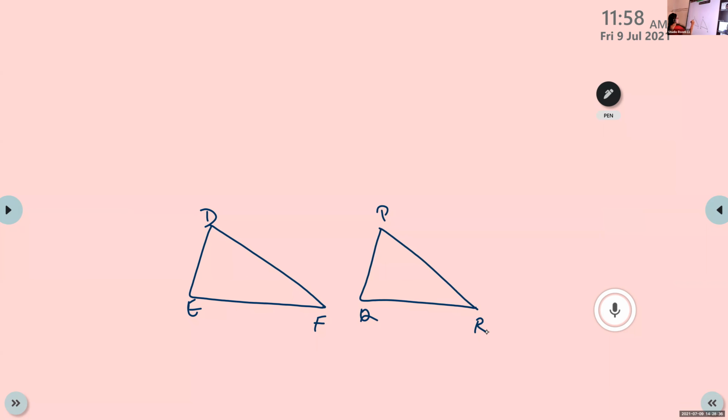Given D is 70, E is 80, and in triangle PQR, Q is 80 and R is 30.